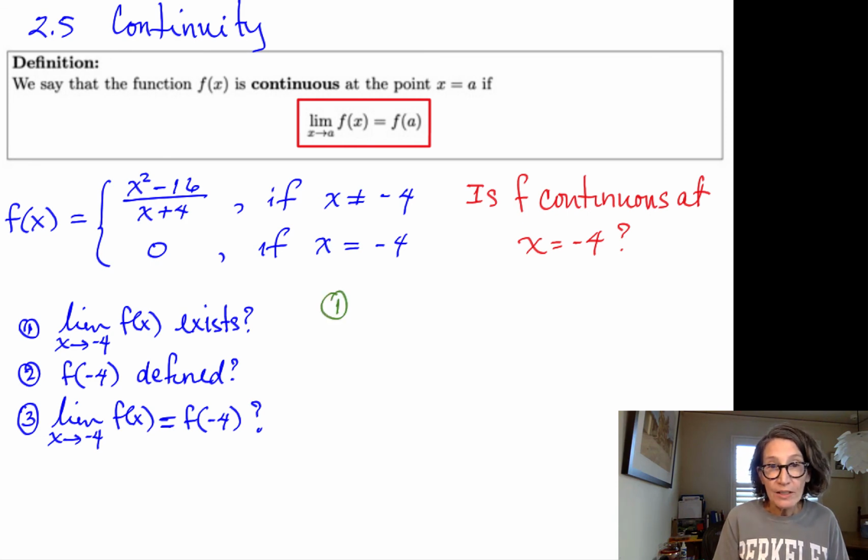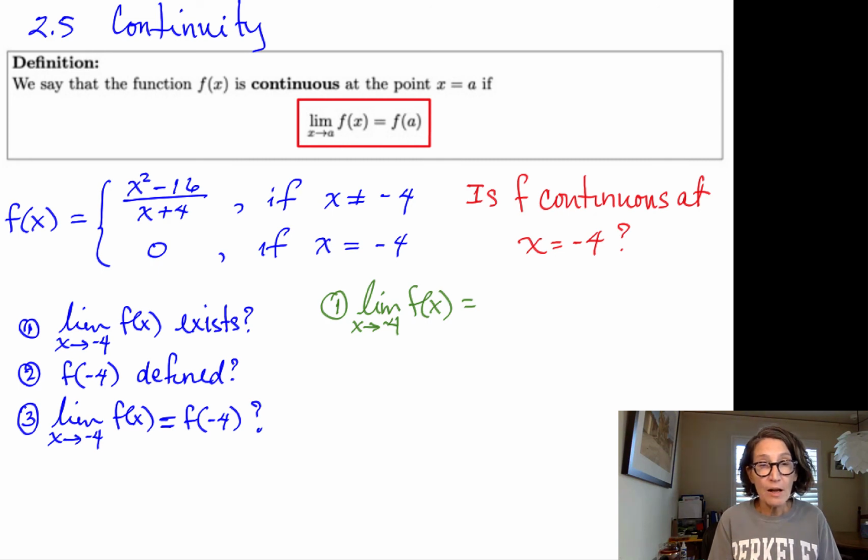So first of all, we need to find the limit as x approaches negative 4 of f of x. Well, we have to come from the left and from the right, and for all values less than negative 4 and all values greater than negative 4, we have to use the first piece of the definition.